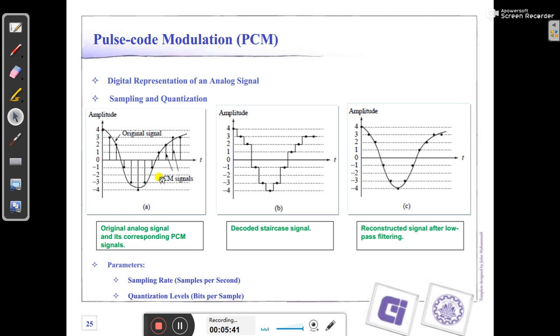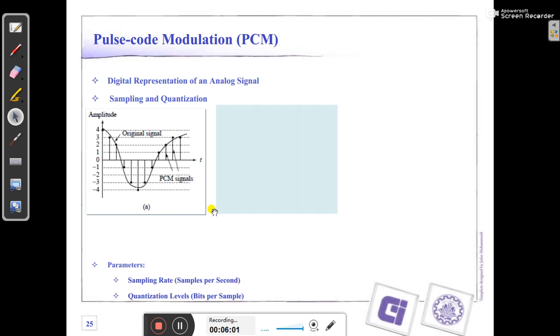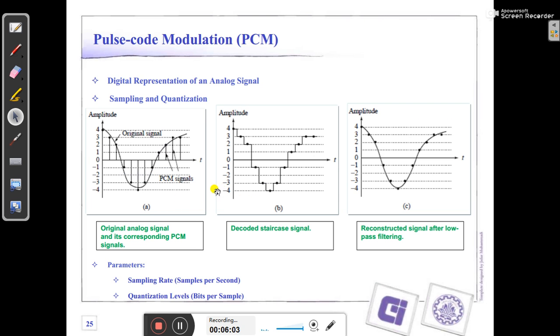So this is the initial encoding phase, and this is the decoding phase where we can create the original signal. We can see the basic operation of sampling and quantization of this signal. We have already discussed this type of process in the previous video.